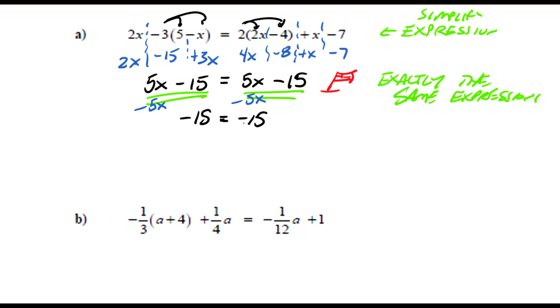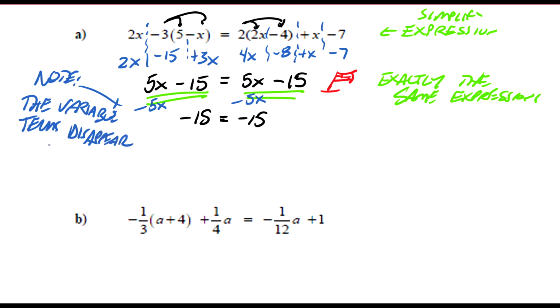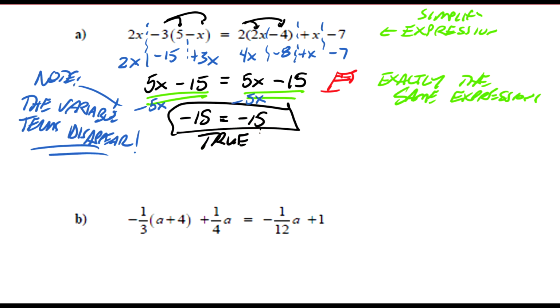But what happens algebraically is the variable terms disappear from the equation. And we didn't do anything wrong algebraically. We subtracted the same terms, so that's legal. But we end up with negative 15 equals negative 15. And this statement is true all the time. It's never false. Negative 15 does equal negative 15.